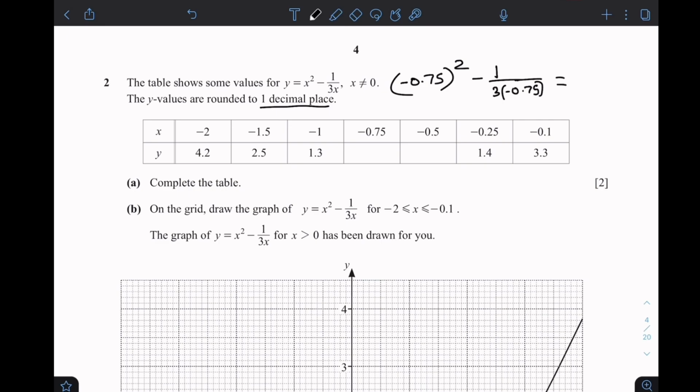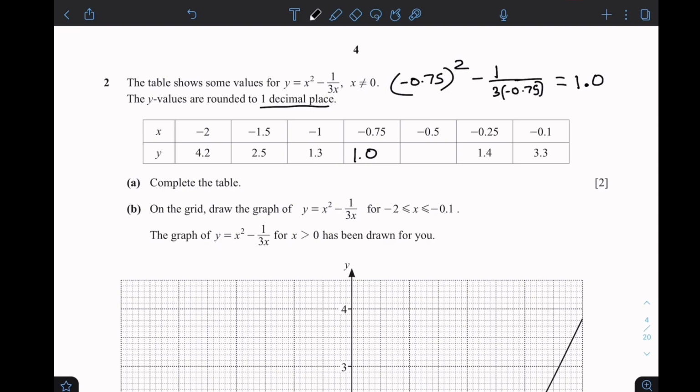I'm getting 1.0069, but it says one decimal place, so you round it to 1.0. You cannot write 1, you have to write 1.0.